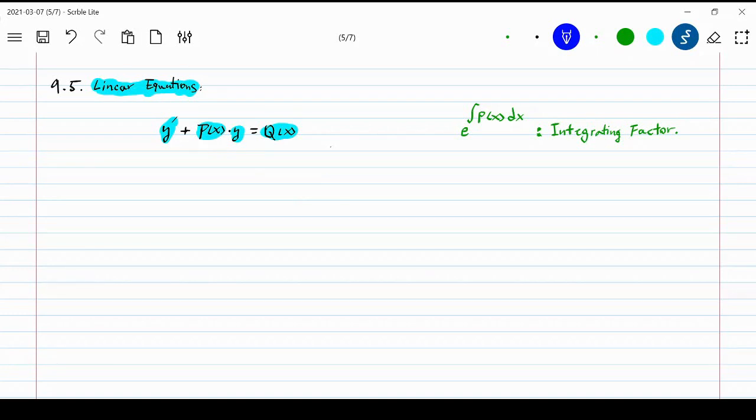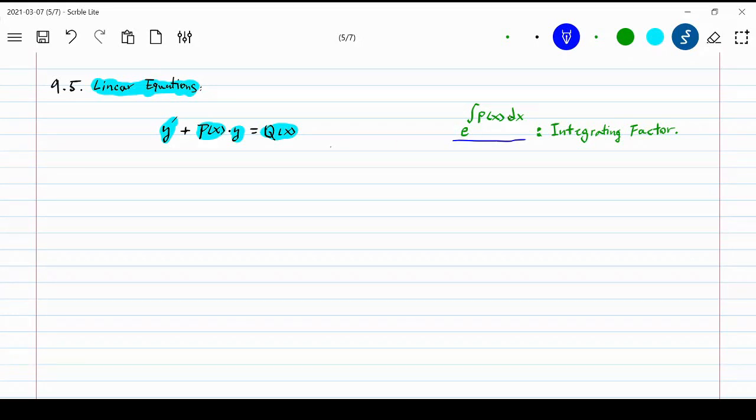The idea to solve a linear differential equation is basically using the integrating factor. What is the integrating factor? If you write a differential equation in this standard form, this p of x function becomes involved in the integration at some point.